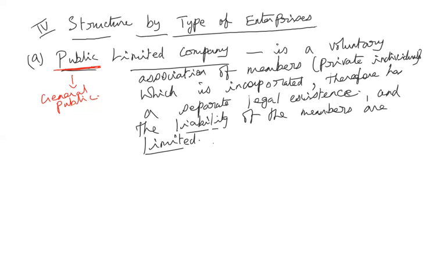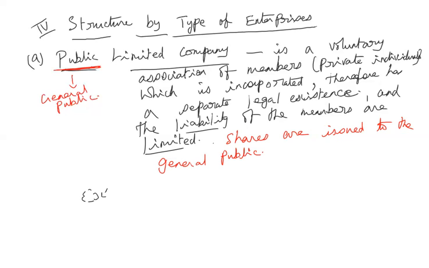And most important, why we say it is a public limited company is because the shares are issued to the general public. For example, Indian Oil Corporation is a public sector undertaking, but it is also registered as a public limited company, because its shares are floated to the general public.